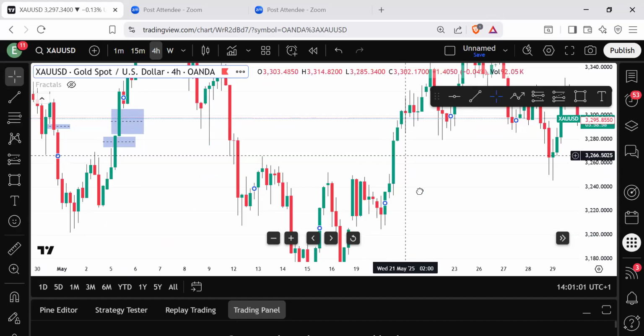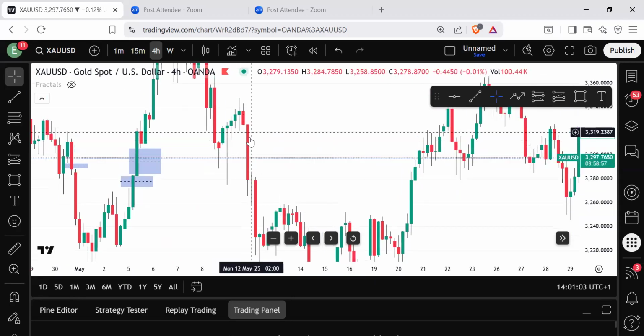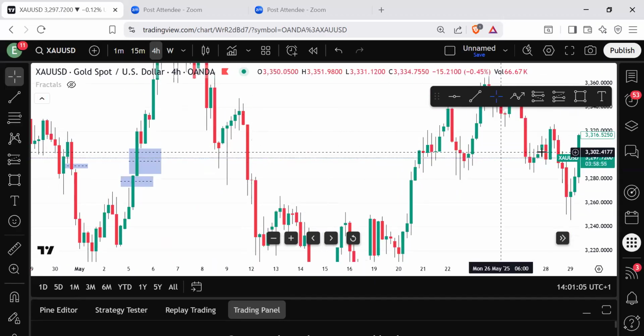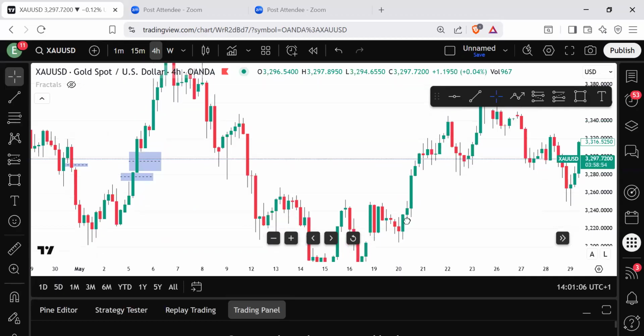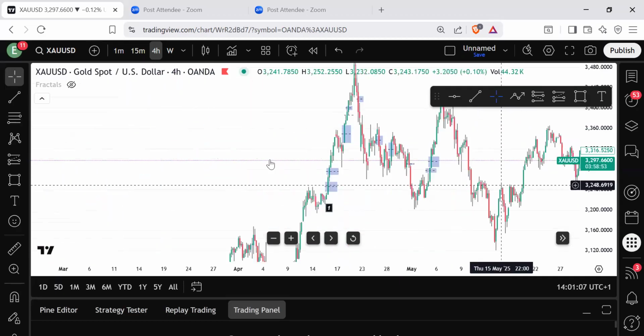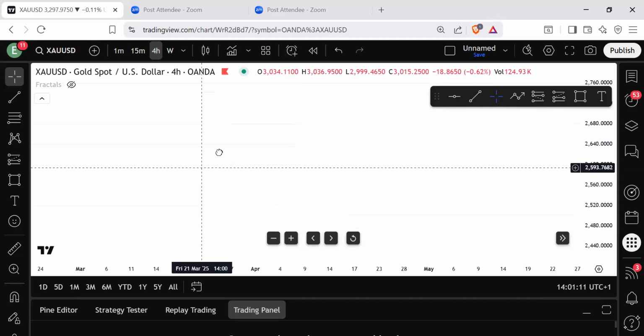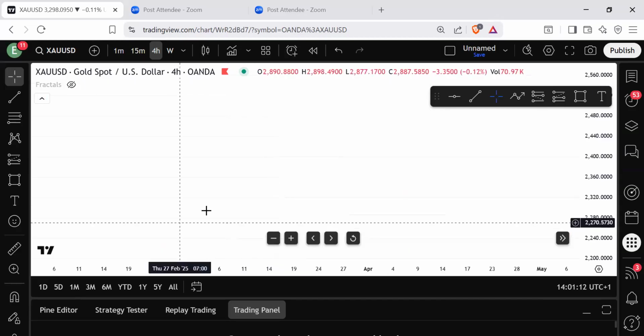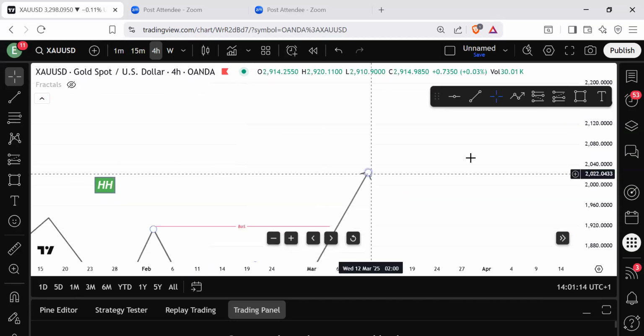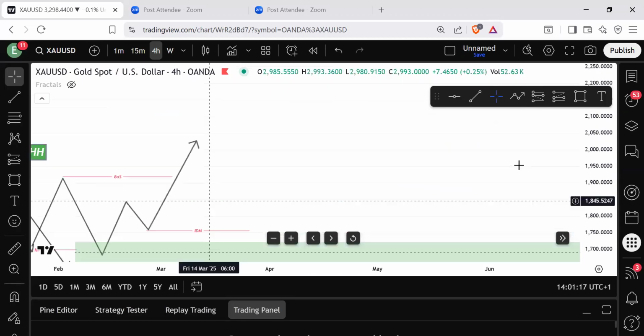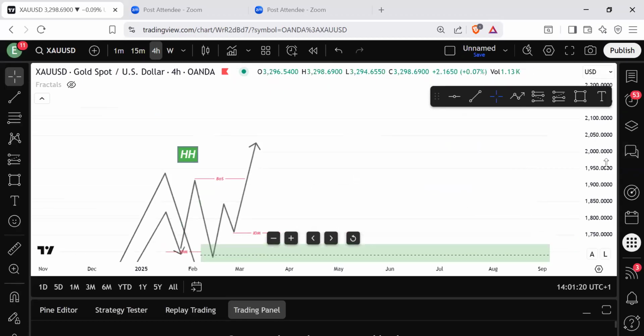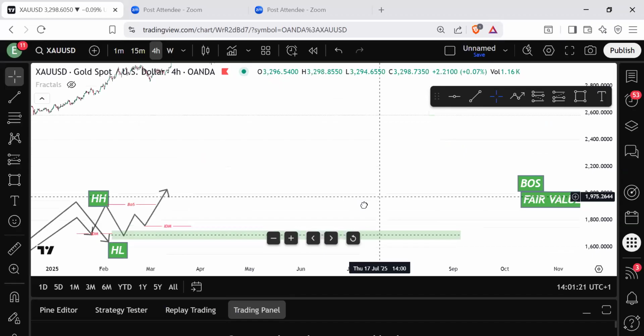So almost everywhere we can see this gap. If not all, then most of the places we can see this gap. So that's what we are looking for.